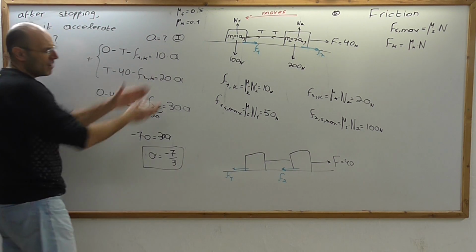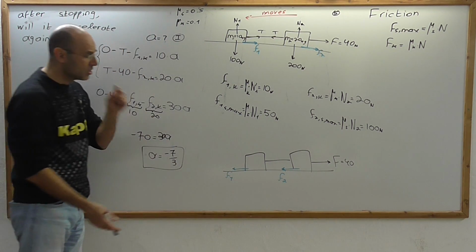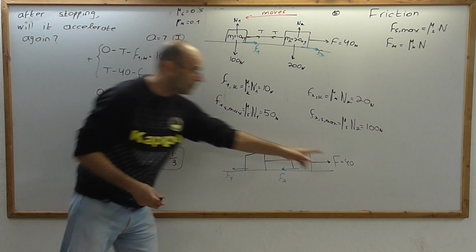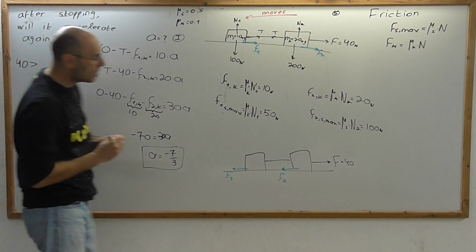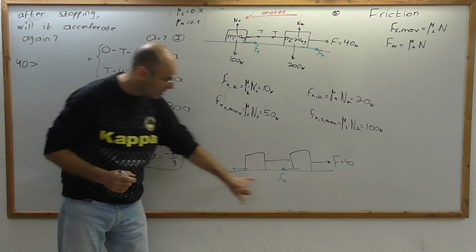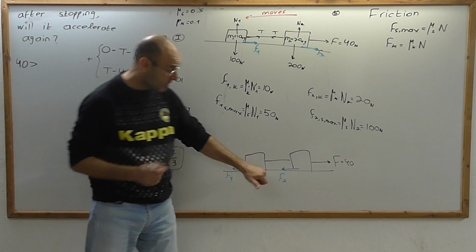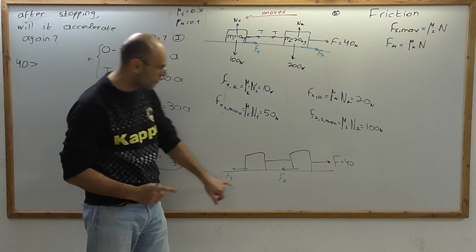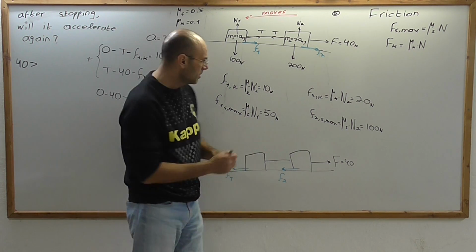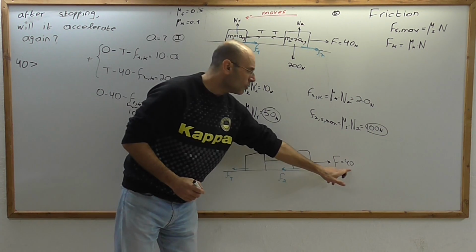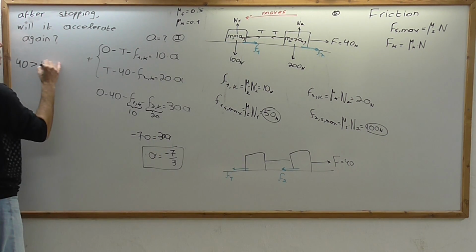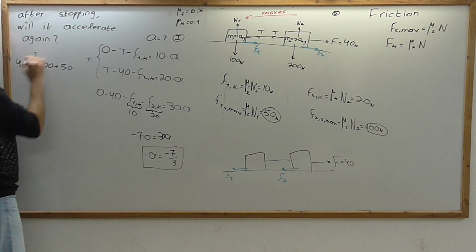So, I have all the numbers, I don't need to calculate, I just need to see if 40 can overcome. Does 40 overcome both frictional forces, the maximum static frictional forces, which are 100 plus 50? Does 40 overcome 100 plus 50?